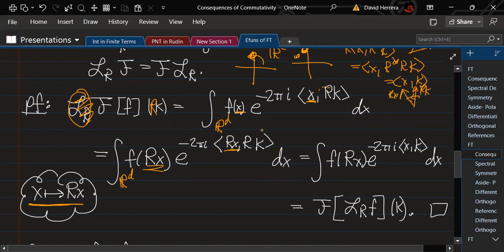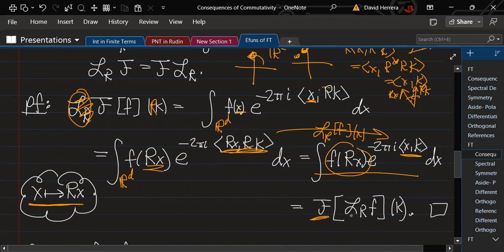So we have the x here, the x here, so we get Rx, Rx. Now this part right here is the thing that is going to be unchanged, like we said above. So this stays the same, but then the f of Rx stays there. However, now we get this integral, and this function is L_R of f of x, and that's only inside of this Fourier transform.